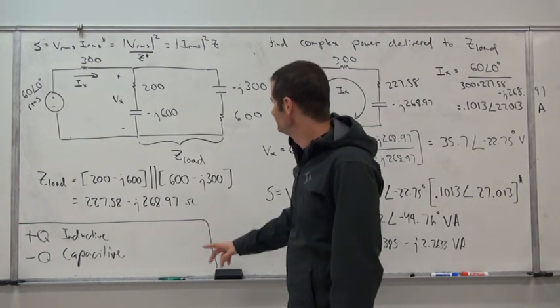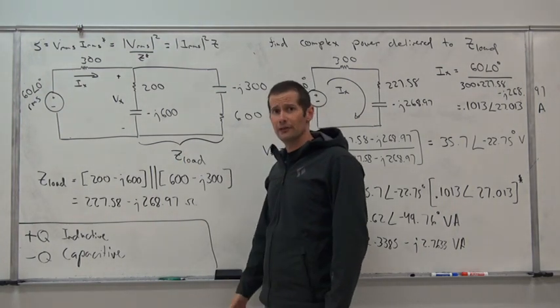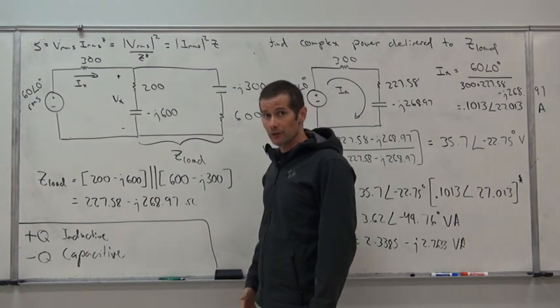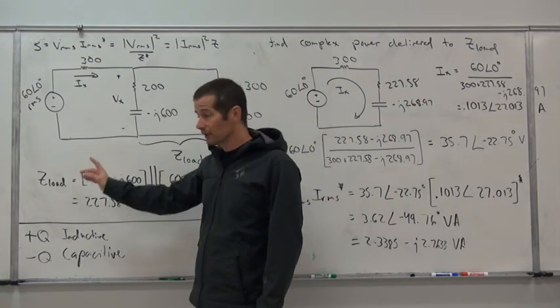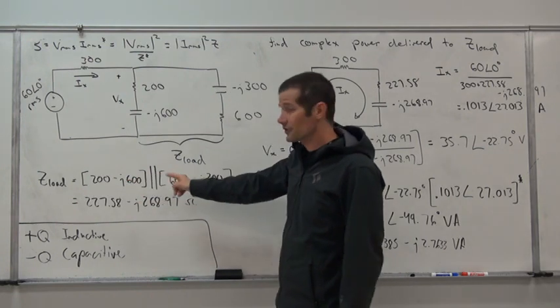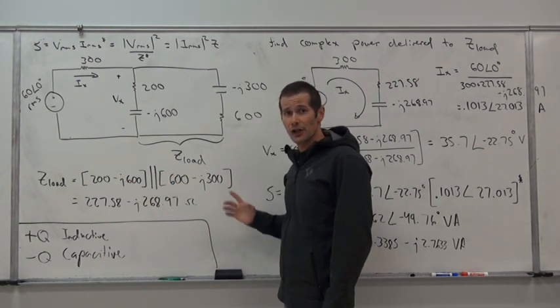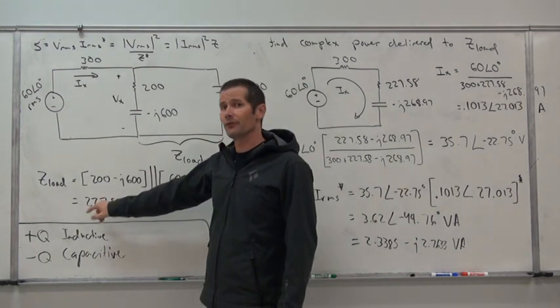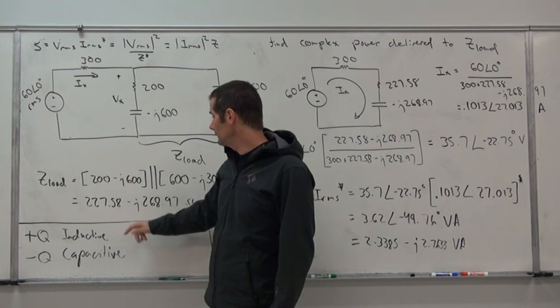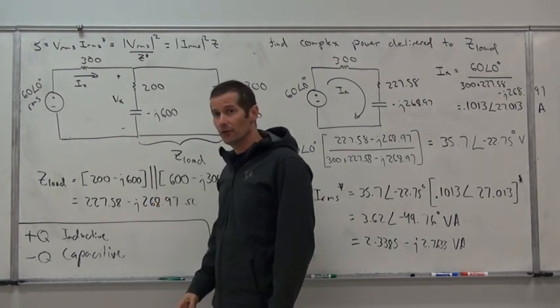But if we take the load itself, we would combine these in terms of their parallel equivalents, in which we would have 200 minus j600 in parallel with 600 minus j300. And that comes out to be an equivalent of 227.58 minus j268.97 ohms.